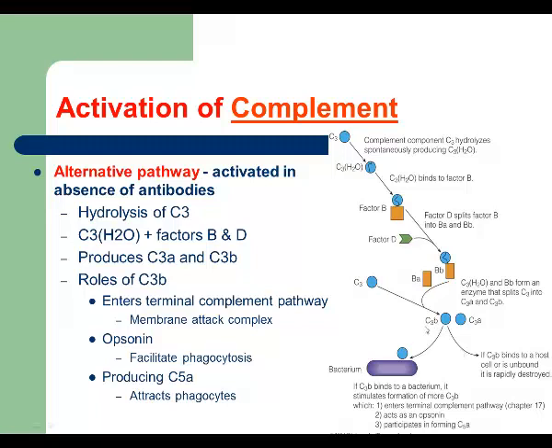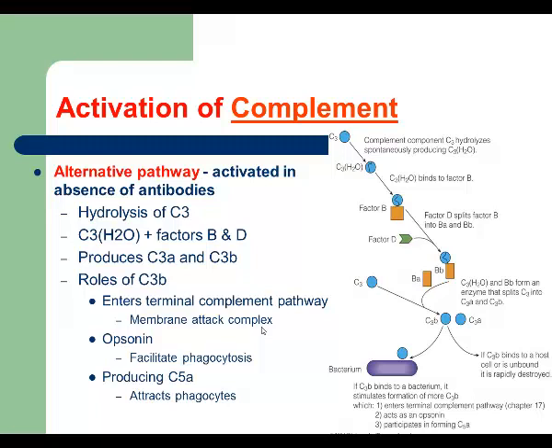Let's talk about the function of the C3b complement component. You already know that C3b can play a role of opsonin. So we can say C3b activates phagocytosis. Also, C3b is a part of what we call membrane attack complexes. Membrane attack complexes are part of the complement system, and their main function is to destroy microorganisms, pathogens. So how do they do that?